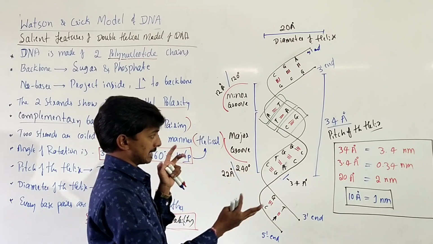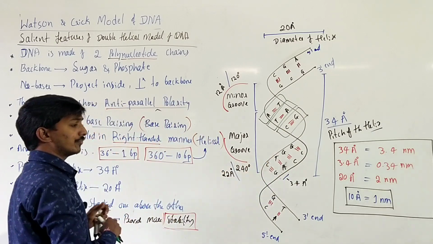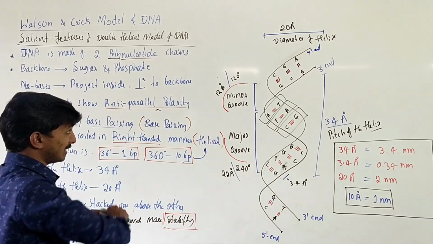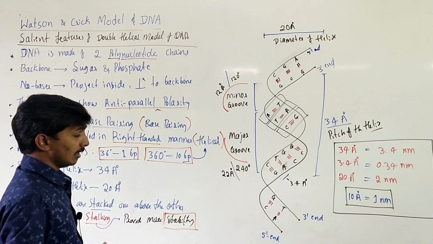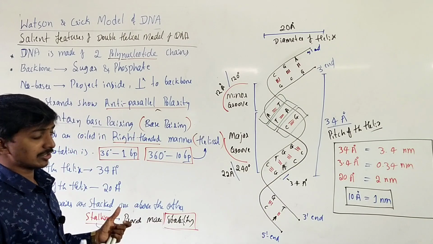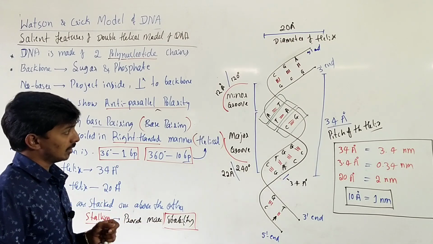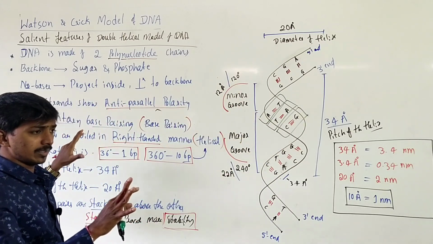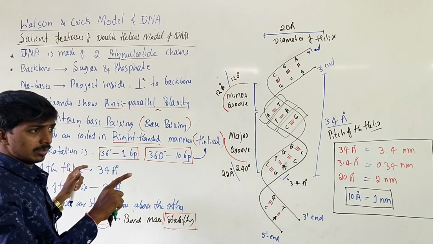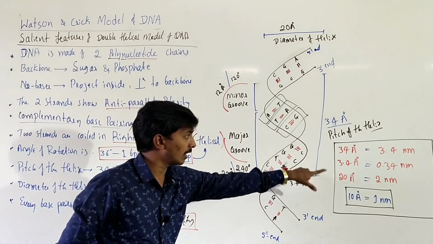Whatever we are discussing, it is a B DNA. Remember, whatever we are studying in our NCERT text, it is a B DNA. But we'll see some other DNAs also. We'll make a complete table, and in that table we'll study how these numbers vary.